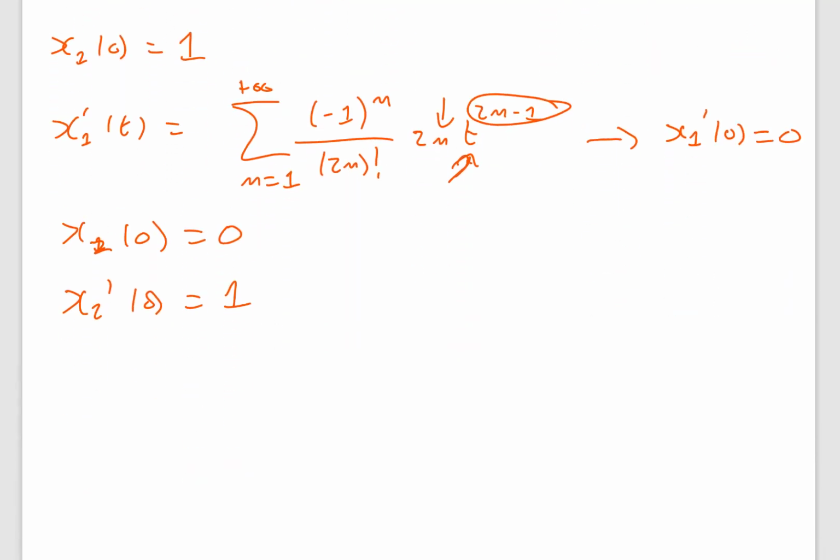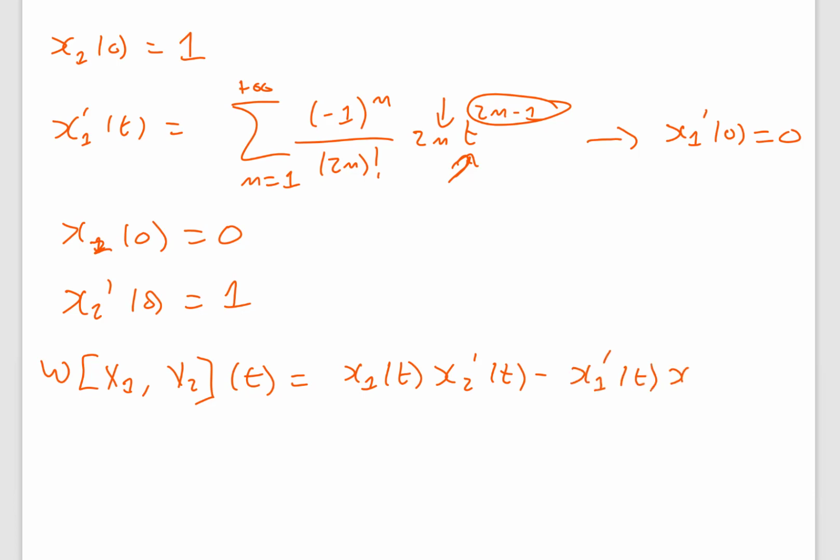equal to 1. So the Wronskian of x1 and x2, if you don't remember, this is x1 of t times x2 prime of t minus x1 prime of t times x2 of t.